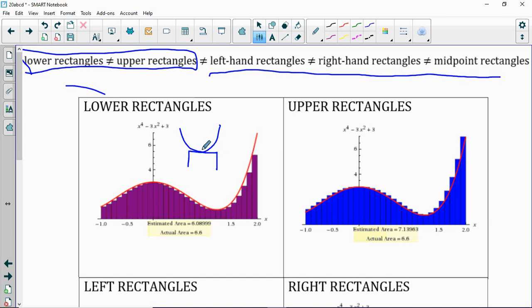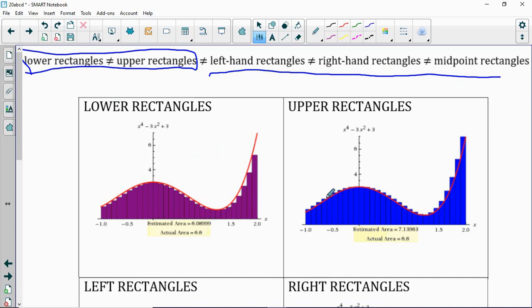That's fine, so it could connect literally anywhere along the rectangle. It doesn't need to be on one of the endpoints. And this area is always going to be less than the true area. So we have an estimated area here of like 6.1. The actual area is 6.6.